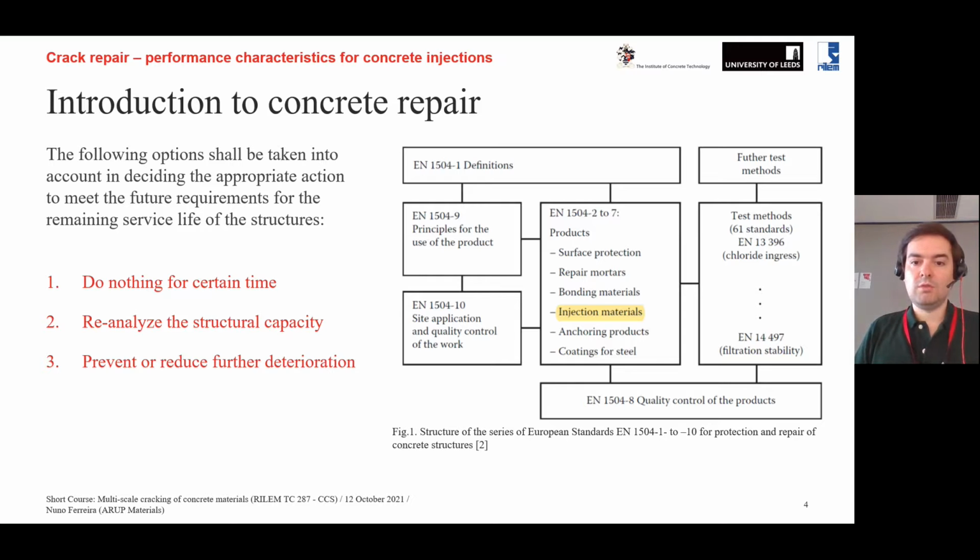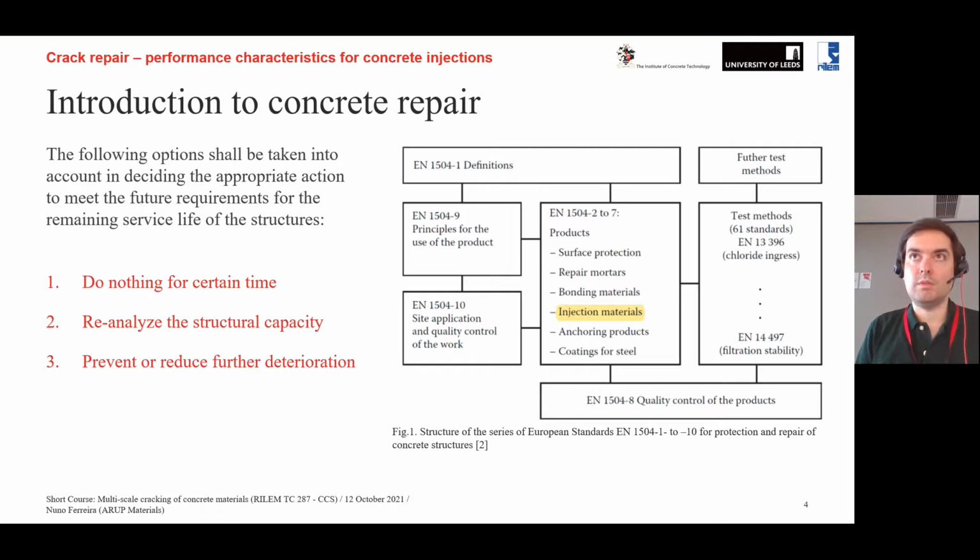And in terms of quality control of the products, also from the manufacturing point of view, we have 1504 Part 8. But for us, we'll focus more on the site application, Part 10, and also the principles, Part 9.